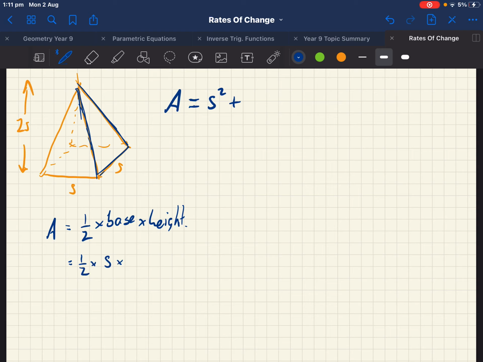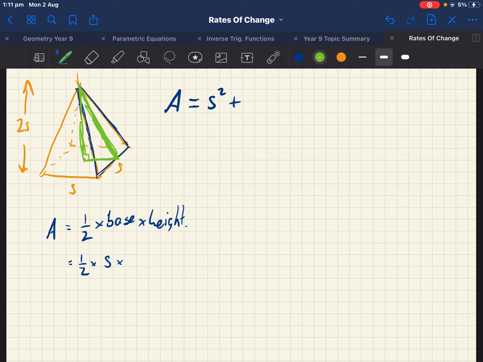The height of this triangle is not 2S. That's the height of the pyramid, right? And if we were to really look at what's happening here, bang, the height of the triangle is this side I'm drawing right now. That's the height from the base of the triangle right up to the tip.